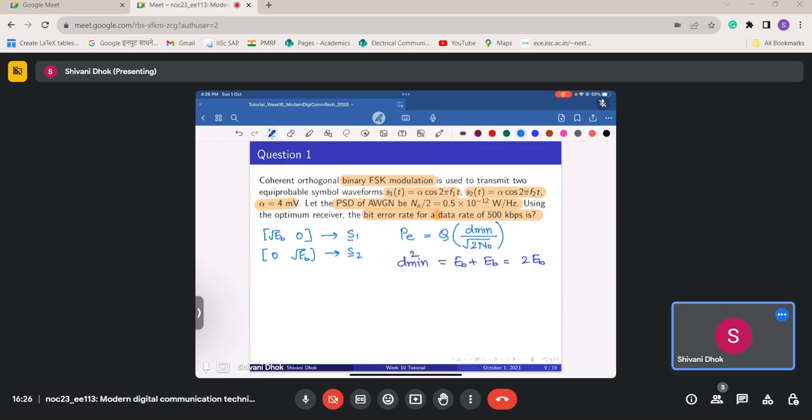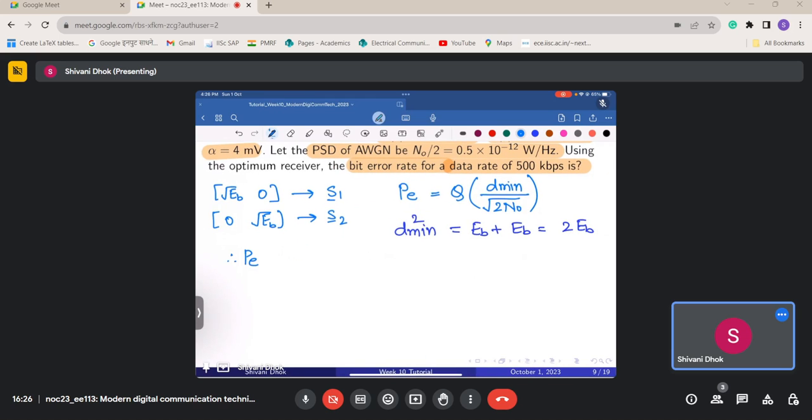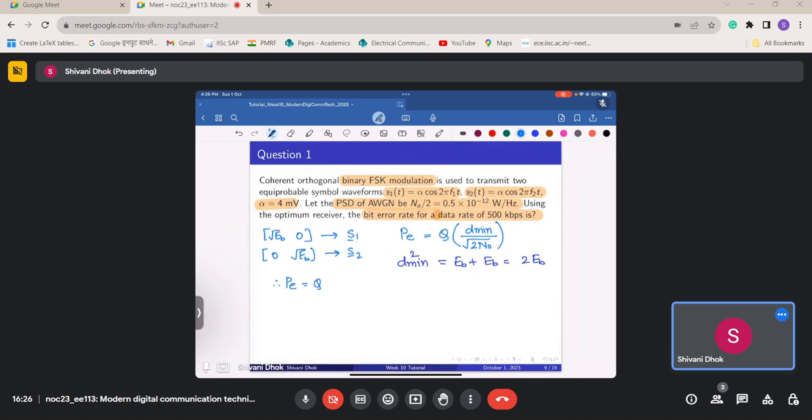So therefore, this probability of error, we can write it as Q function of under root of d min square whole divided by under root 2 N naught, which is equal to Q function of under root 2EB by 2 N naught, which is basically equal to Q function of under root EB by N naught. So this is what we are having. Let's say this is equation 1.